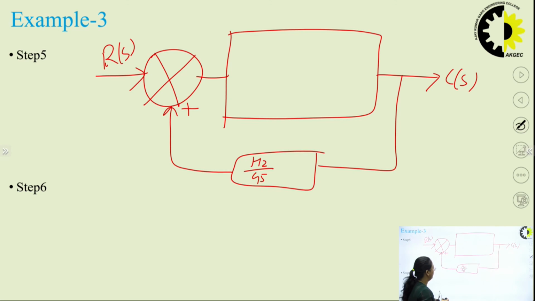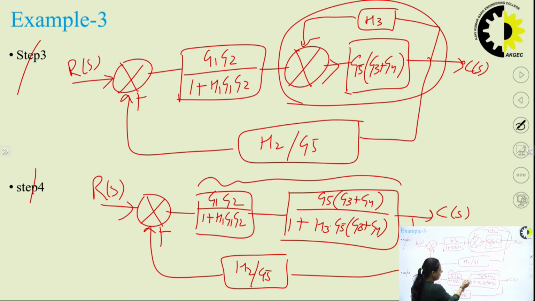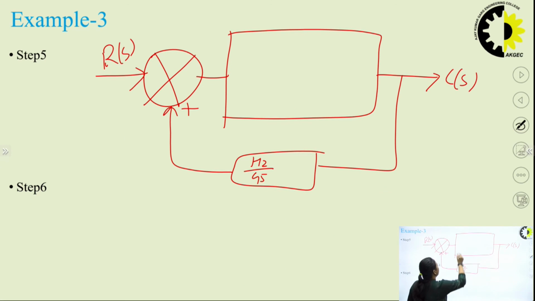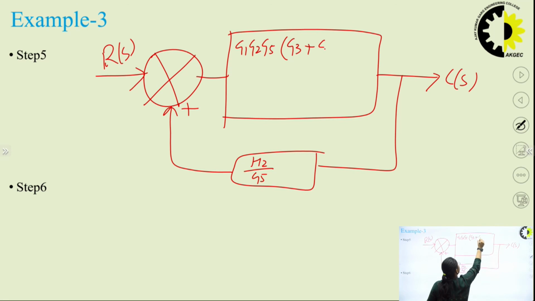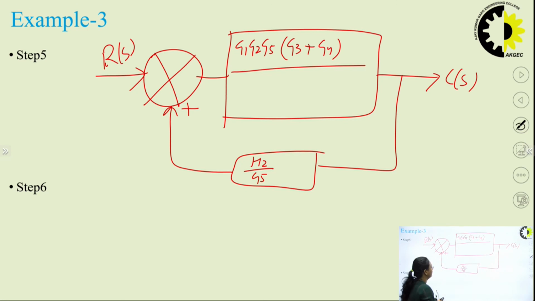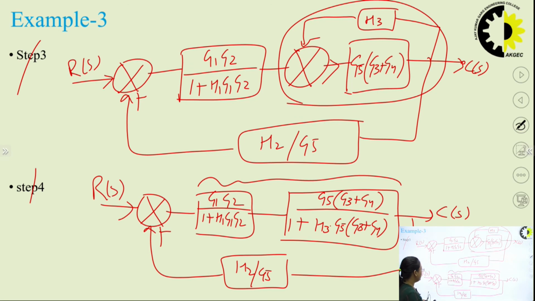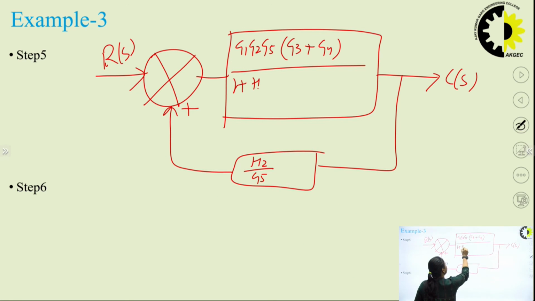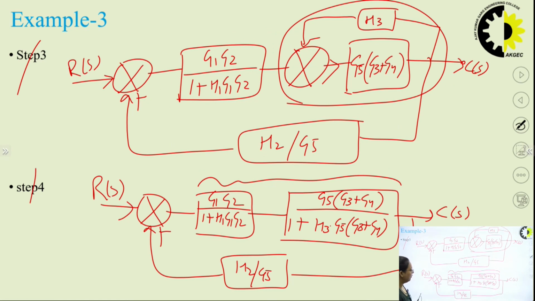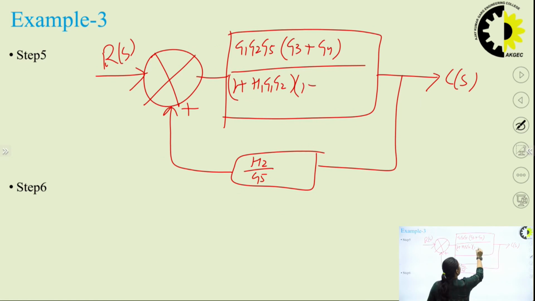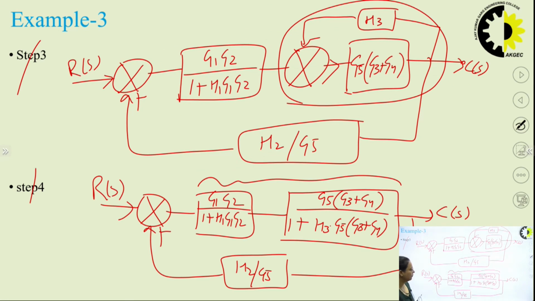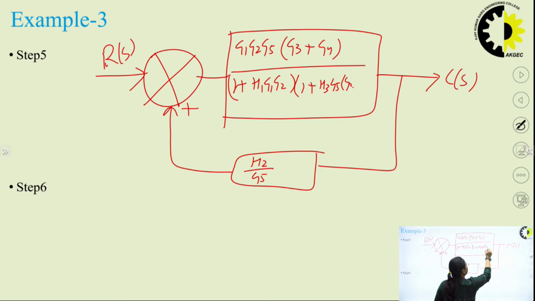And now what is that? So this is G1 G2 G5 into G3 plus G4 upon 1 plus H1 G1 G2, into 1 plus H3 G5 within a bracket G3 plus G4.